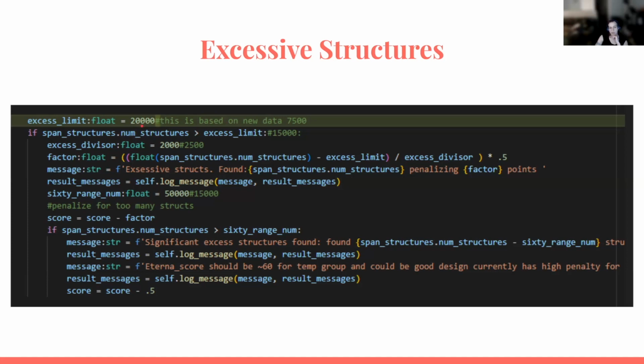The data set that I have right now is with the 7,500 that I'm showing you. This is a screenshot I took last night because this is still in development a little bit. When I get into the walkthrough analysis, you'll see why excessive structures is such a big deal.